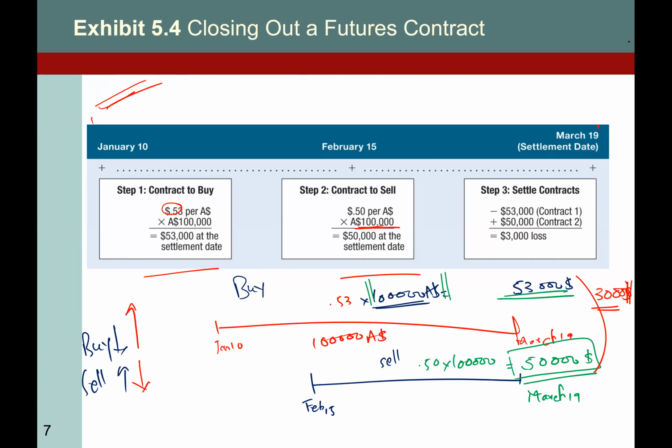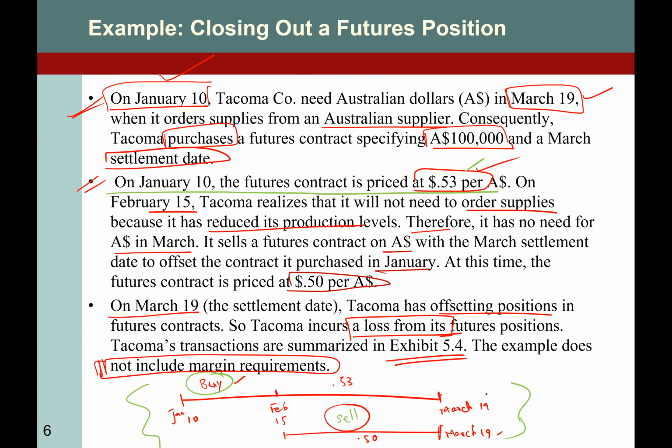Okay. So the question is, if we already committed this rate, is it necessary for us to wait until March 19? See, we enter into this contract, no matter what the spot price is here or here, we already contracted these rates, right?